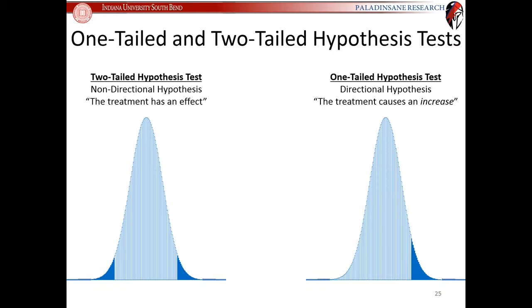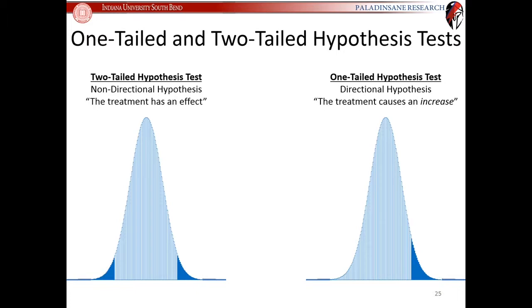Does a particular treatment cause an increase in the likelihood that women are going to ask for raises on the job? Does a treatment increase something, make it more, add to it? These are all directional hypotheses because we're only interested in the one side. We're only interested in the one direction.